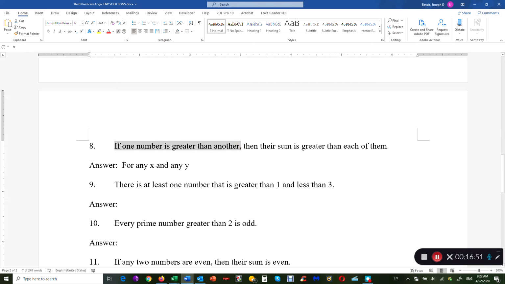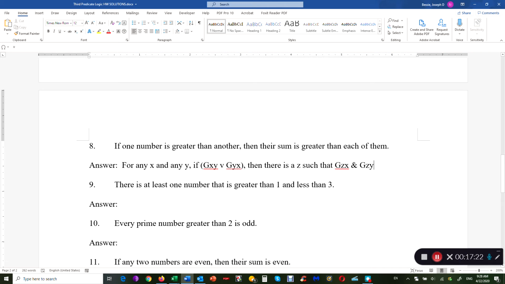For any x and any y, if Gxy or Gyx, then there is a z such that z is greater than x and greater than y. That's a pretty complicated one for this level.